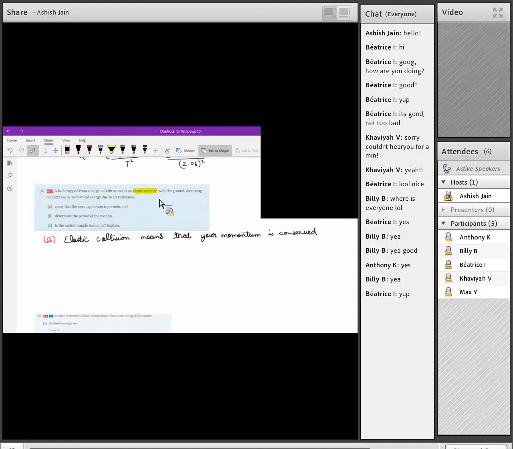There's no force of friction. So if my ball hits the ground without any resistance and the collision is elastic, then it will come back to the same point, right? And it'll keep doing that.